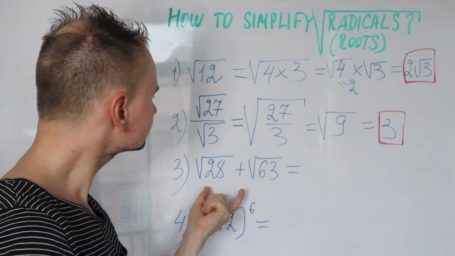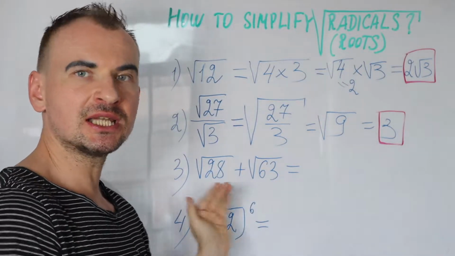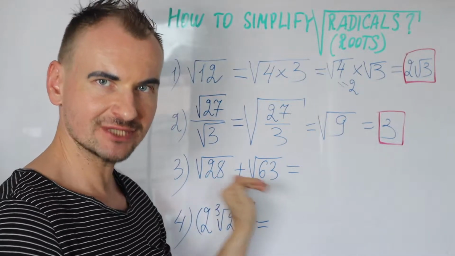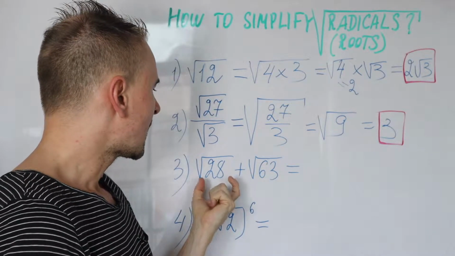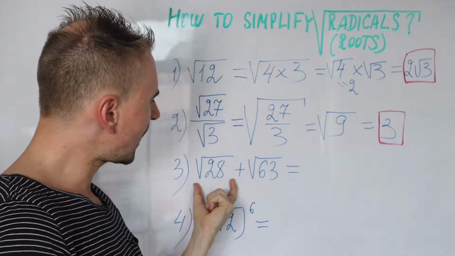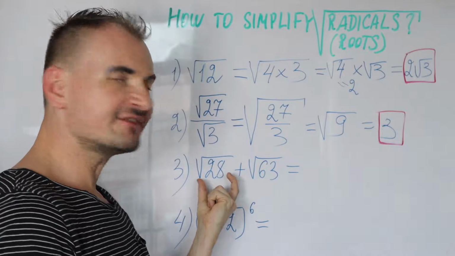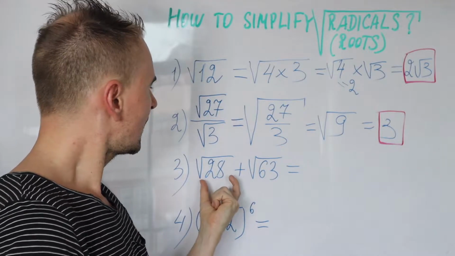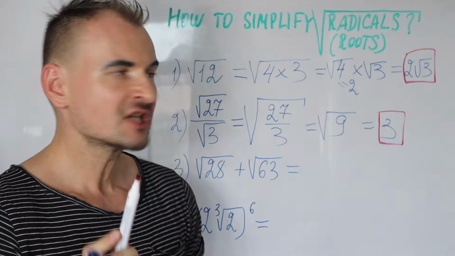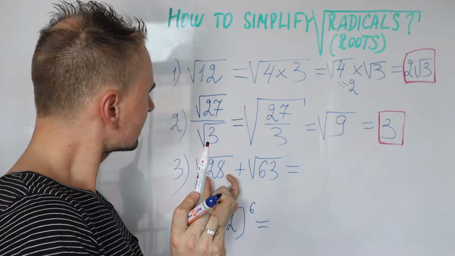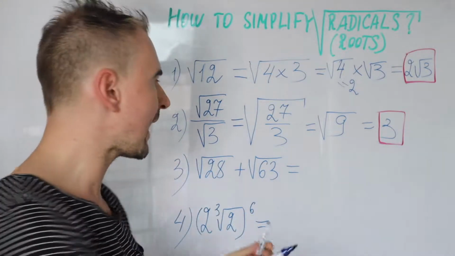Moving on. You have one root added to another root. Let's just do it incrementally. For the first one, 28: it's divisible by 2, and it's also divisible by 4. I can use this 4 because 4 is a perfect square.